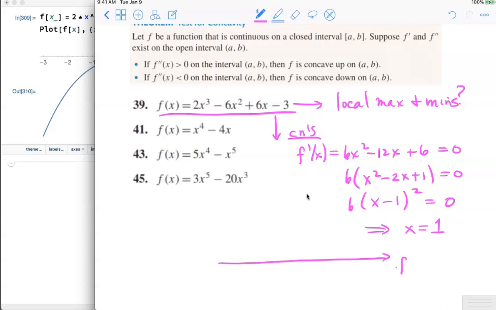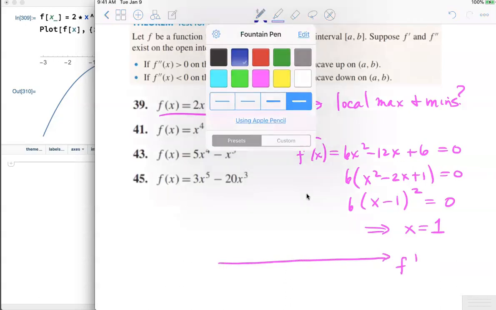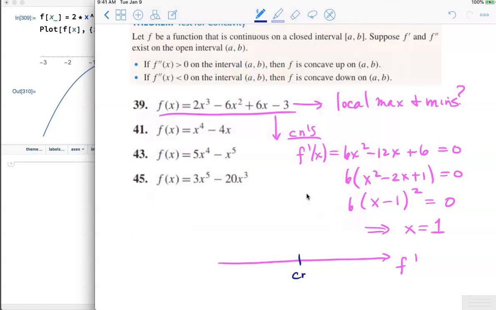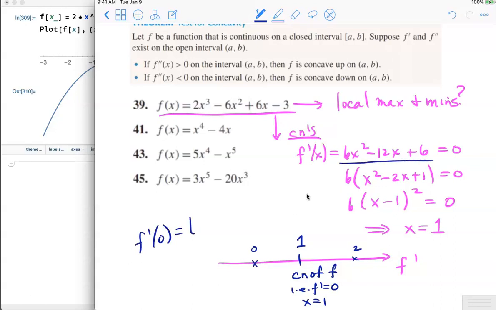So we'll take a look. That's our critical number, so I'm going to draw a sign line for the derivative. I'm going to put the critical numbers of the function f on here. That is, when was the derivative of the function equal to 0? That's x is equal to 1. Let's see what happens on either side of this value 1. You could test any value on either side. If you find f prime at 0, put 0 into here, you'll get 6, which most importantly is a positive number.